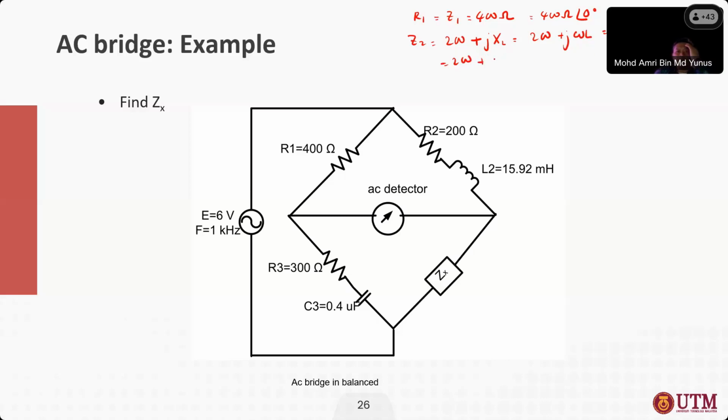So that is 200 plus j 2 pi, frequency is 1000, and then the inductance value is 15.92 milli. So that you get 200 plus j 100 ohm.